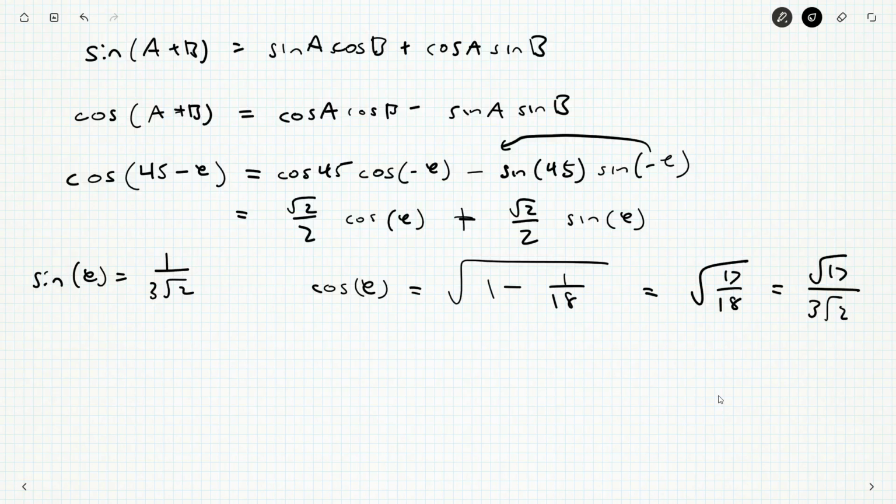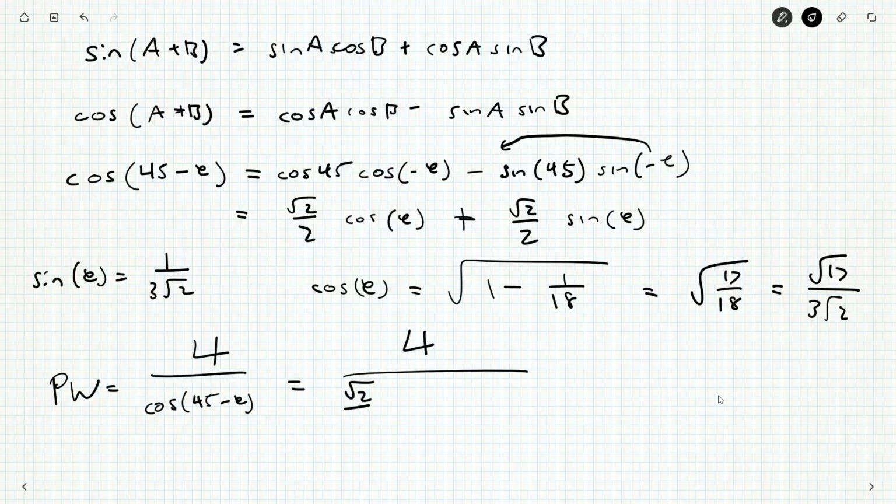Now, ultimately, our answer was PW is 4 over cosine of 45 minus phi. So that'll be 4 over, we can take the root 2 over 2 out, and it'll be 1 plus root 17 over 3 root 2. I'm going to cancel these 2 root 2's.